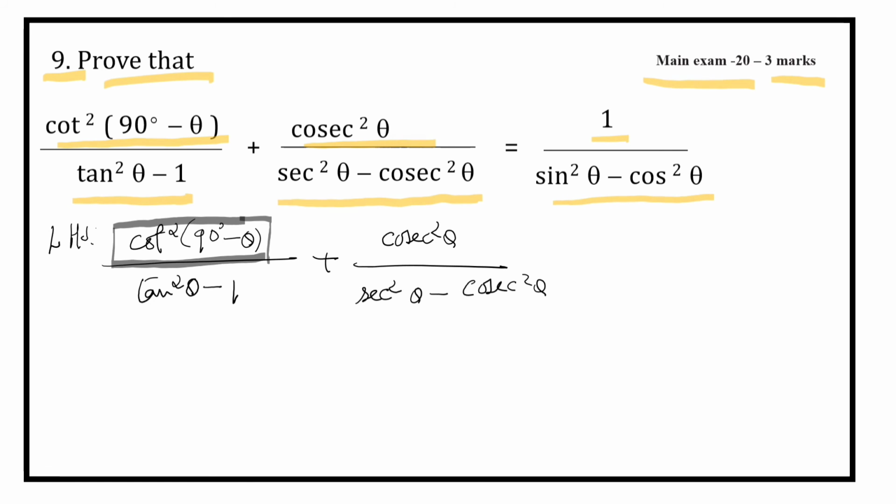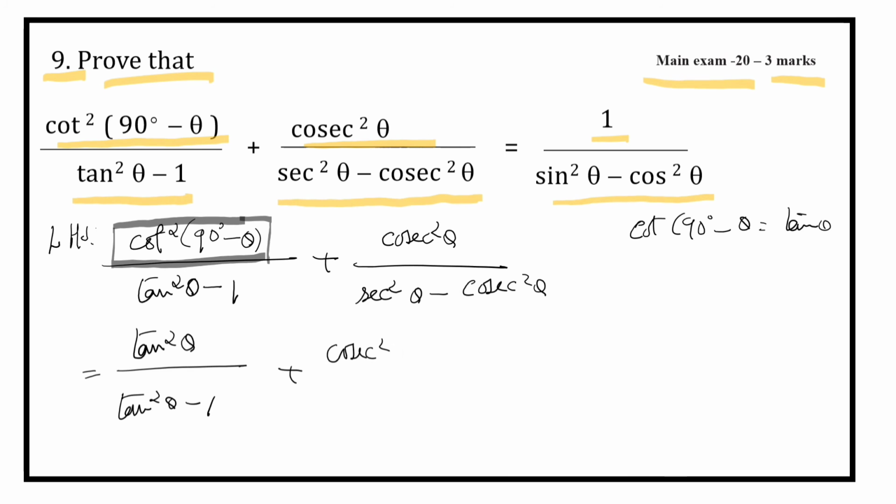We know that tan and cot are complementary ratios. Cot 90 minus theta is tan theta. So now let us write cot square 90 minus theta as tan square theta. Tan square theta upon tan square theta minus 1 plus cosecant square theta upon secant square theta minus cosecant square theta.